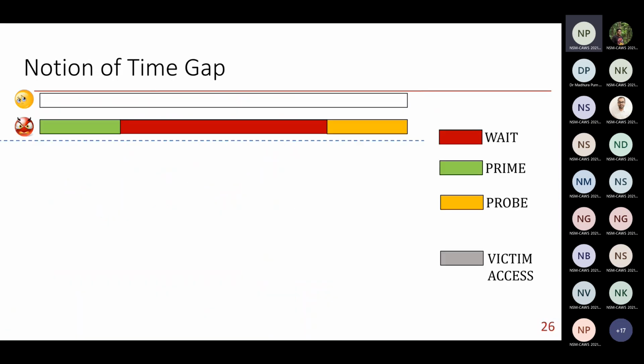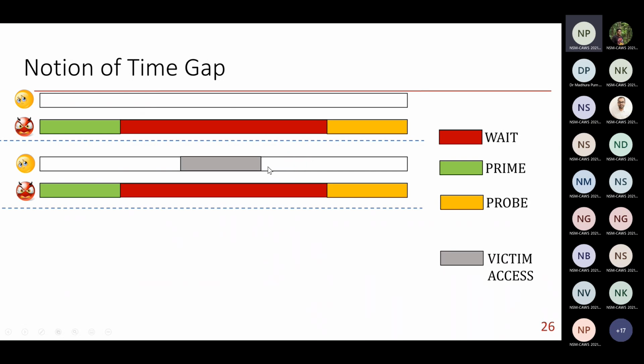There are various parameters of interest while mounting an attack because we have no control over the victim's execution. Although we talked about the notion of priming, then waiting for some time, and then probing, it may happen that during the entire process the victim never comes or never accesses the LLC.